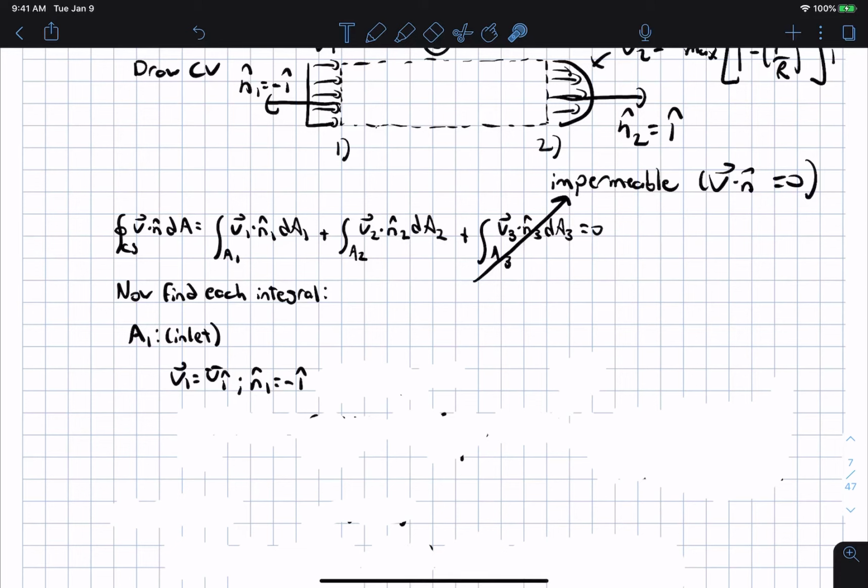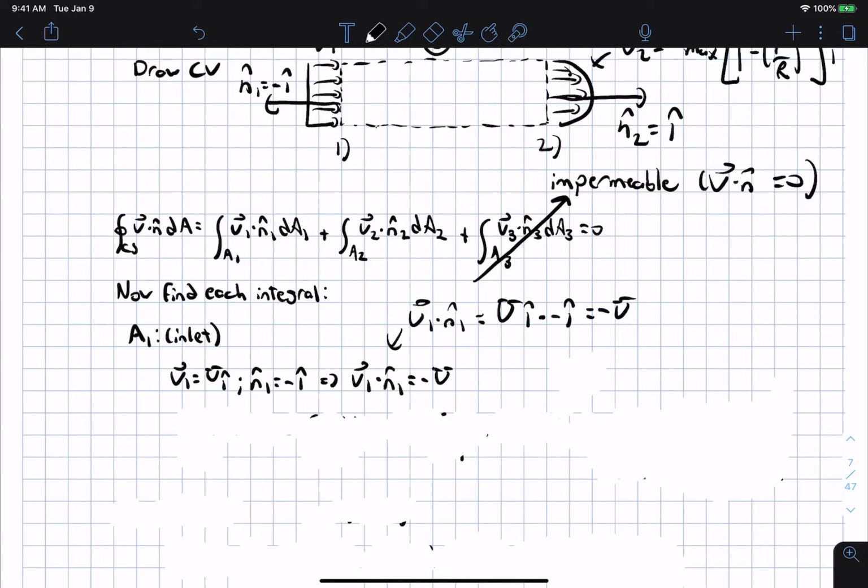Okay, so we now know n hat 1 and v1. We can take their dot product. I'm not going to explicitly do that, but this implies that v1 dot n hat 1 equals u i-hat dotted with minus i-hat, which equals minus u.